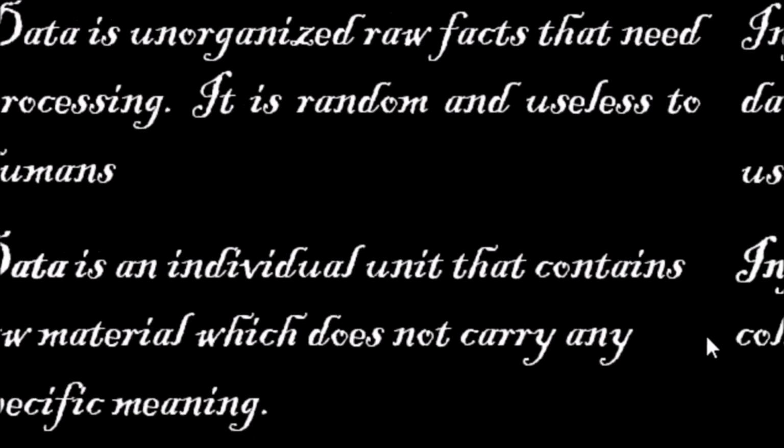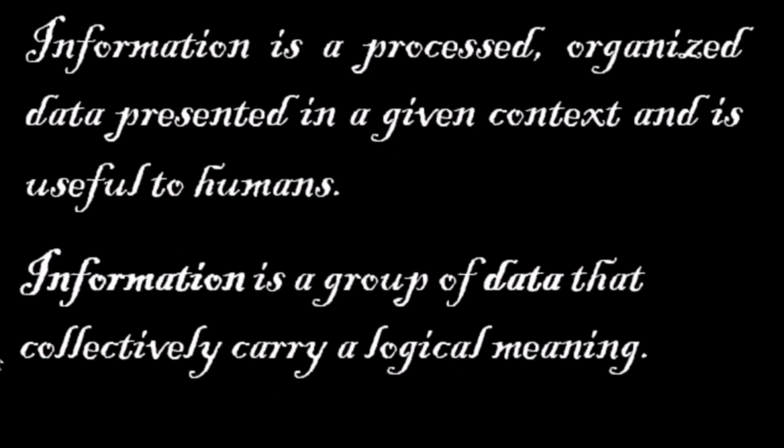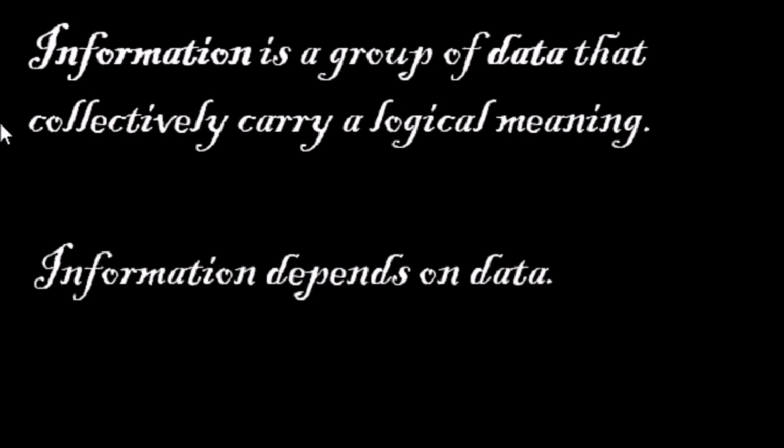But information is a group of data. It is not an individual unit, it is a group of data that collectively carries a logical meaning. It should give some meaning. Data doesn't depend on information, whereas information depends on data. Information depends only on data and it gives the information from the given data only.